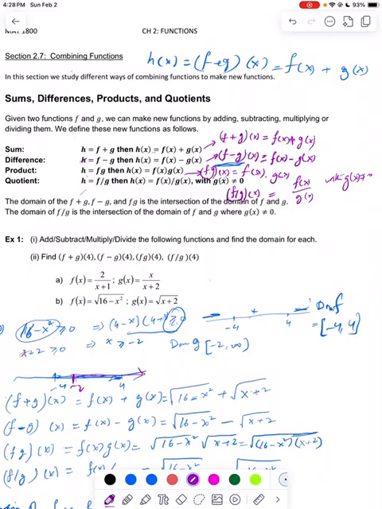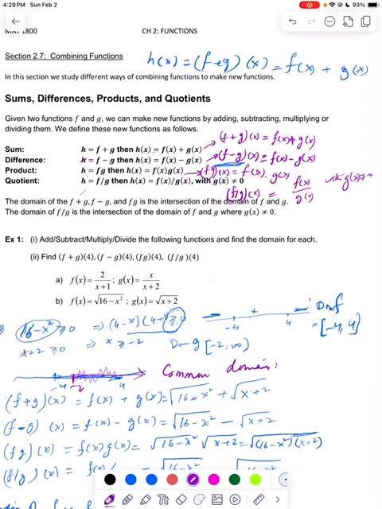So where is the overlap happening? Can you see it is happening right here between -2 and 4? So we say that is the domain. Okay. So the common domain is -2.